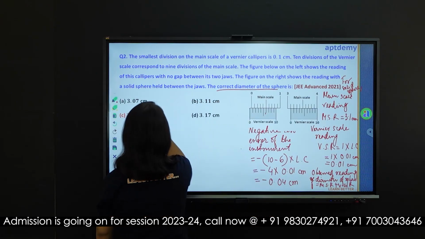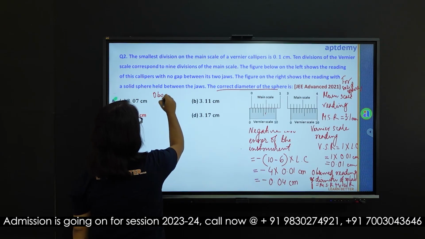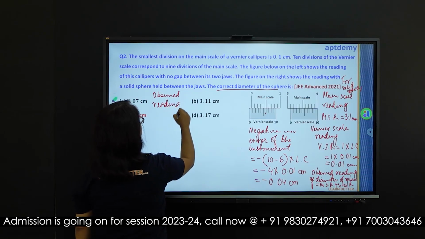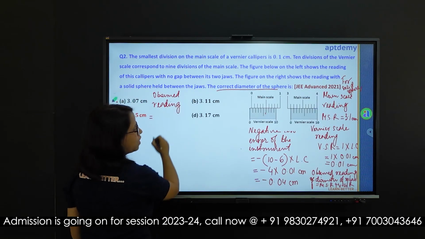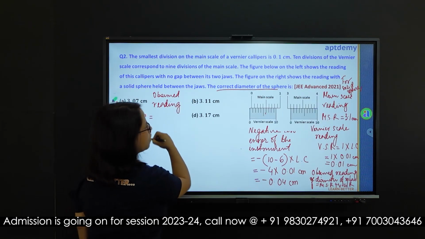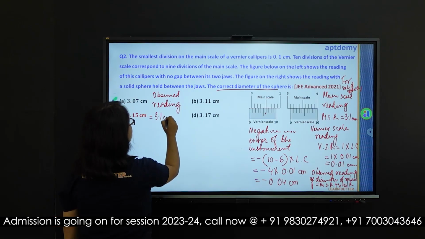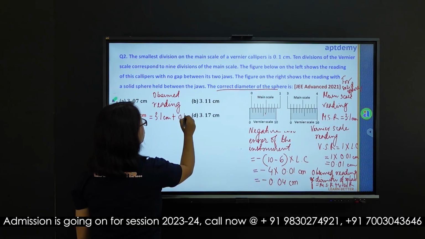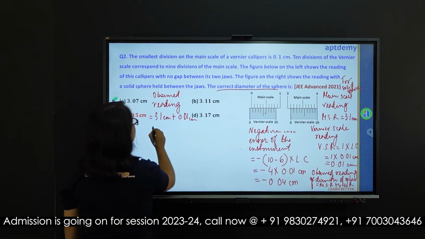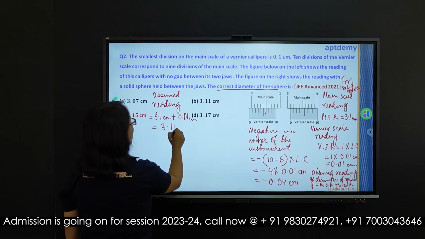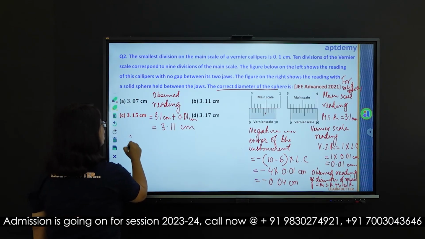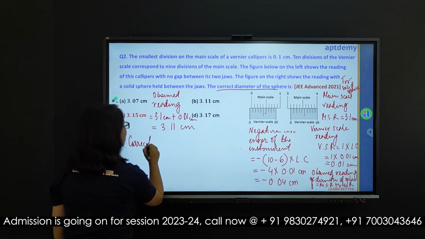So, if you see the observed reading, it's equal to the main scale reading, that is 3.1 centimeters, plus the vernier scale reading, which is 0.01 centimeters. So, a total of 3.11 centimeters. This is the observed reading, but we are yet to find the corrected reading.